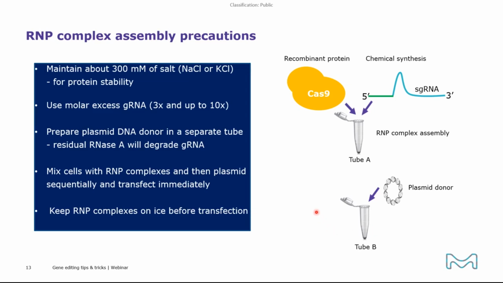And when doing the transfection, mix the cells with RNP complex first, and then with plasmid DNA, and transfect immediately. But if you are using synthetic oligos as donors, you can combine the oligos with the RNP complexes in a single tube for transfection.